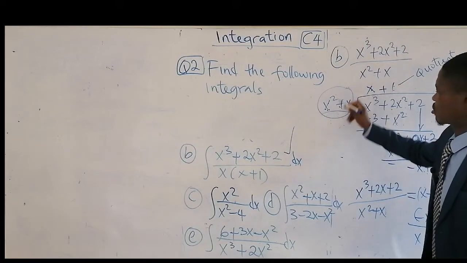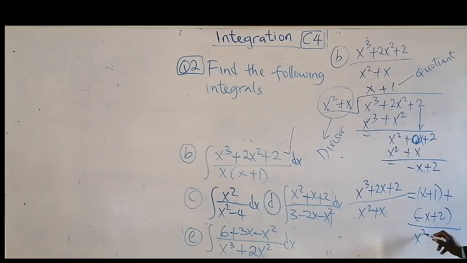This is your divisor, which is x squared plus x. Now this polynomial division is generating an expression, in this case it's not a number, then plus a fraction. And this fraction is a proper fraction, so we're going to solve the proper fraction.